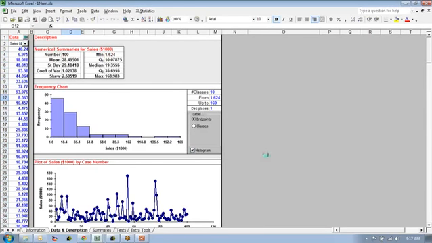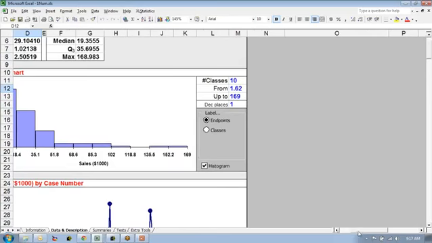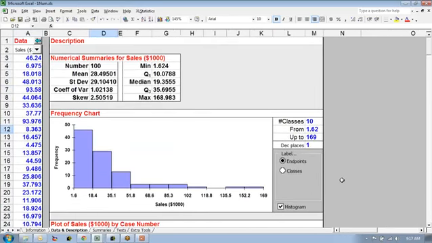Pretty clear that this is a skewed distribution. And the mean is 28. Standard deviation is 29.